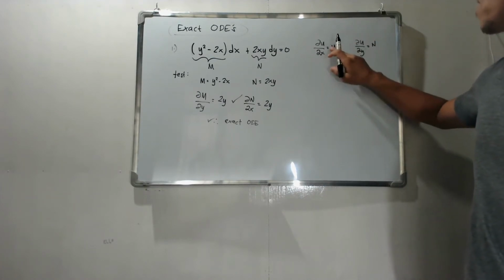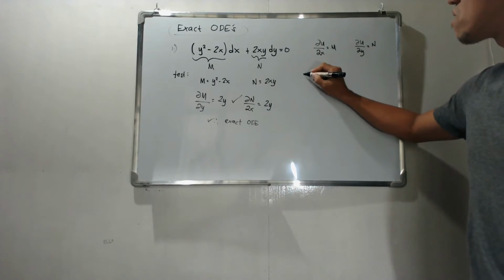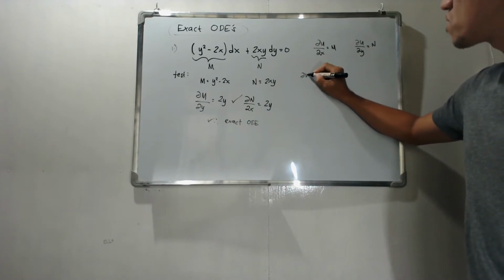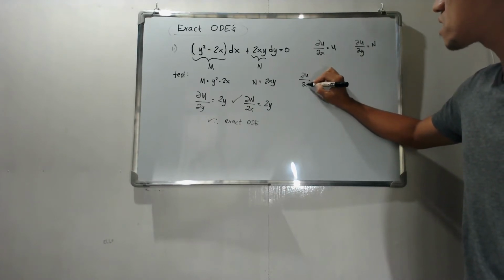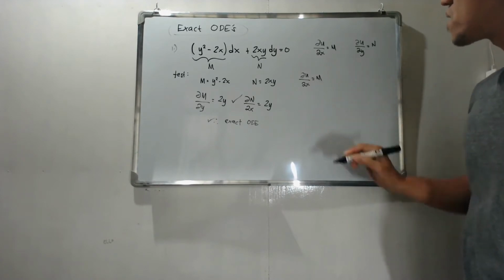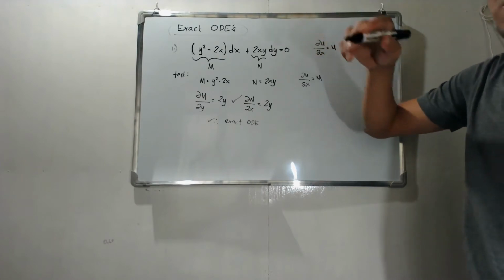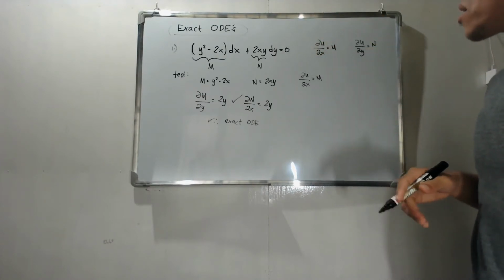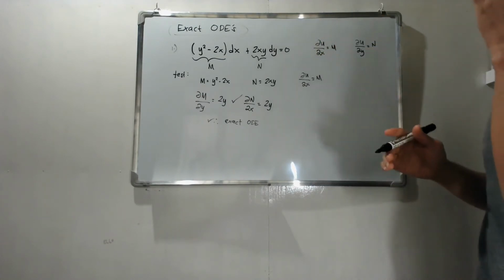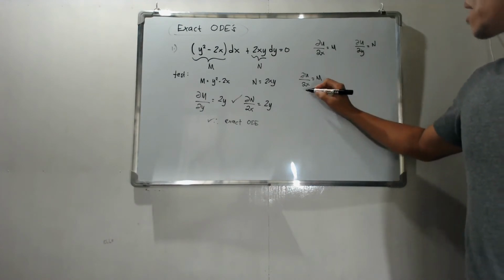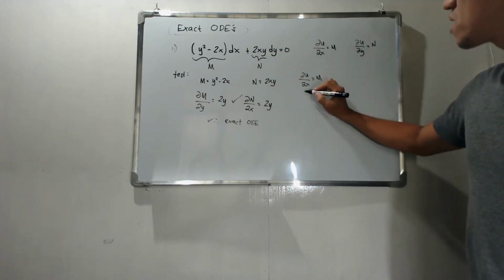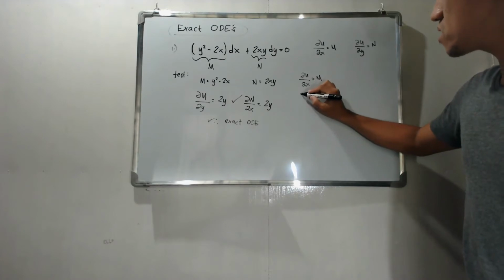Okay? So either way, you can use this one or you can use this one. Say for example, we use this equation, partial of u with respect to x is equal to m. Now the u here is your general solution, the general equation. Okay? But we can integrate this one.